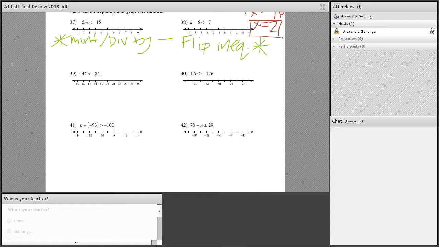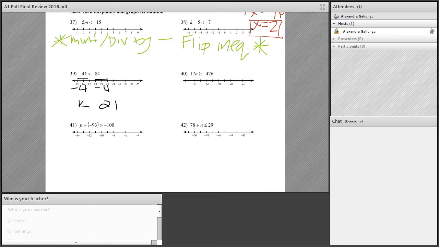So if I look at something like 39, I need to solve for k, and that means I'm going to divide by -4 on both sides. I'll get k and 21, and I have to make sure that I flip the inequality sign.